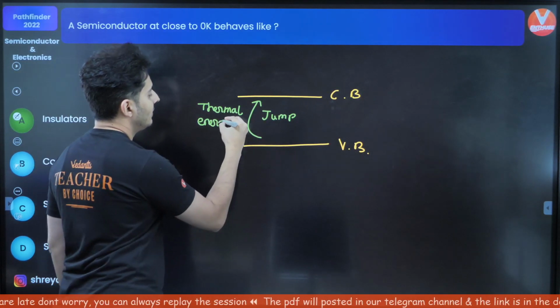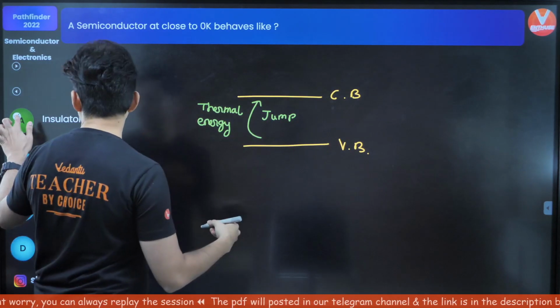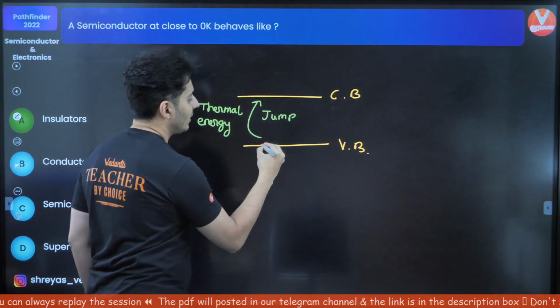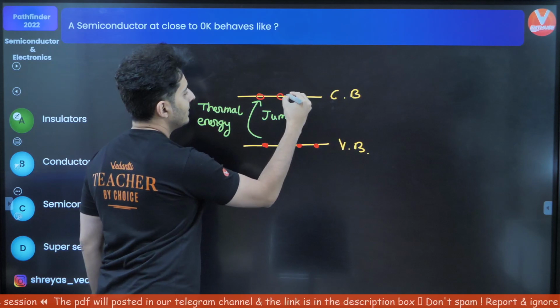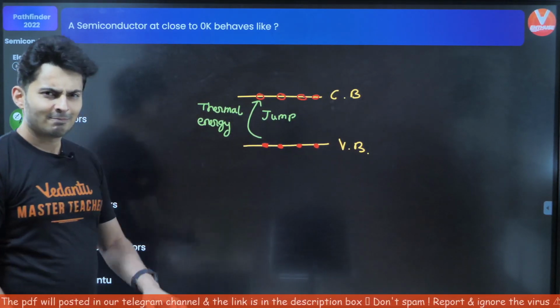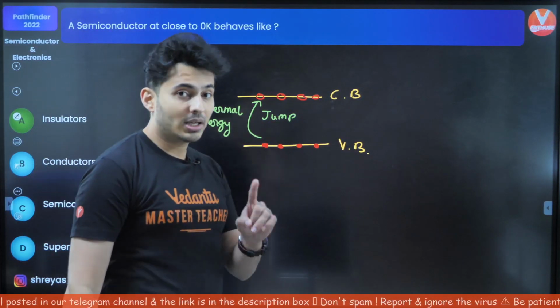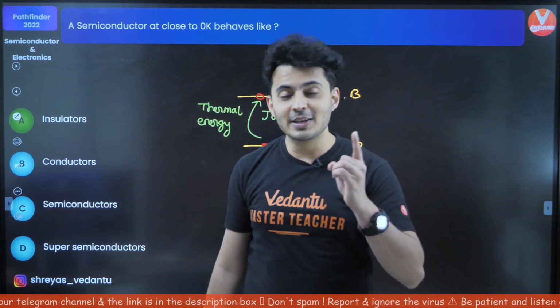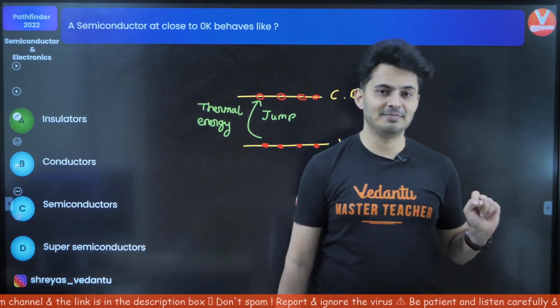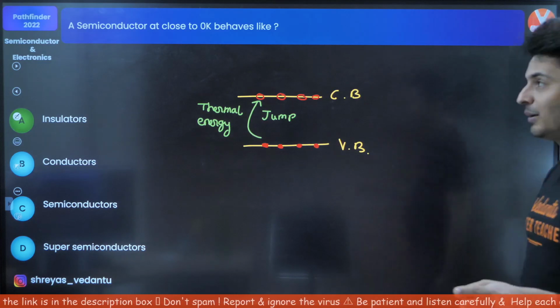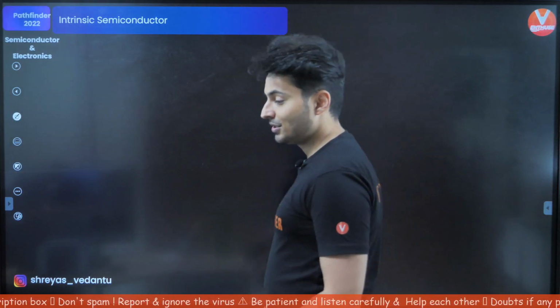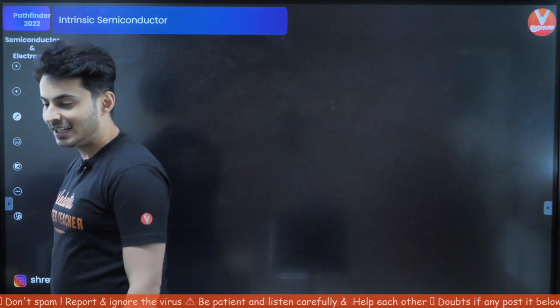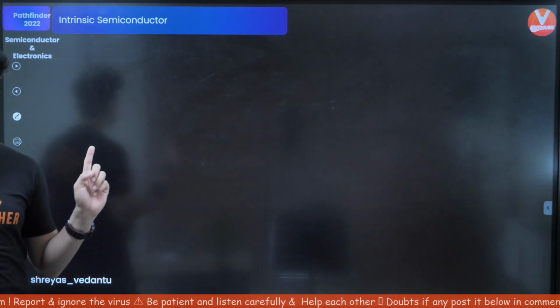If there is no energy, then obviously all the electrons are just going to stay here only. They are not going to make that jump. And you will see vacancies right over here. Got it? So very important, semiconductors are insulators at low temperature. Semiconductors are insulators at low temperature. This was asked in one of the JEE examinations. So cool, right? Okay, let's move ahead to the next one.